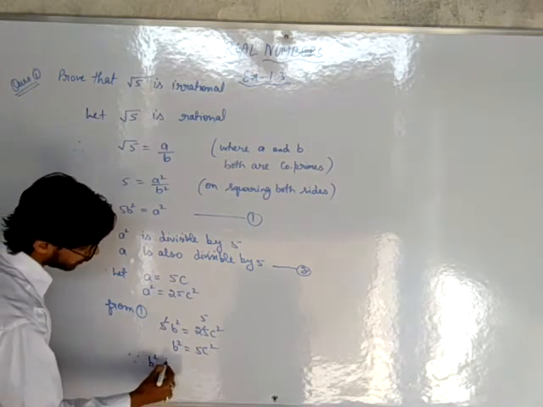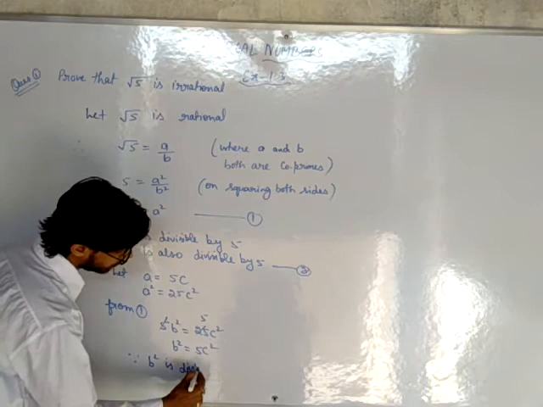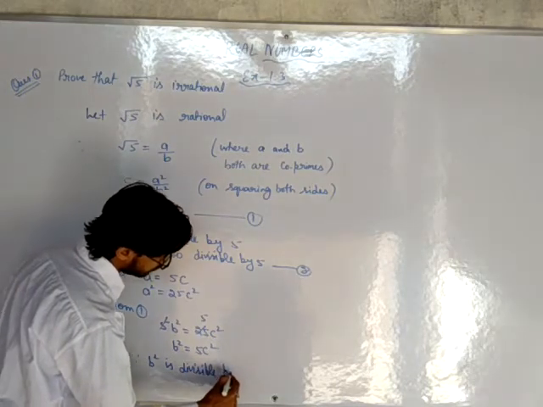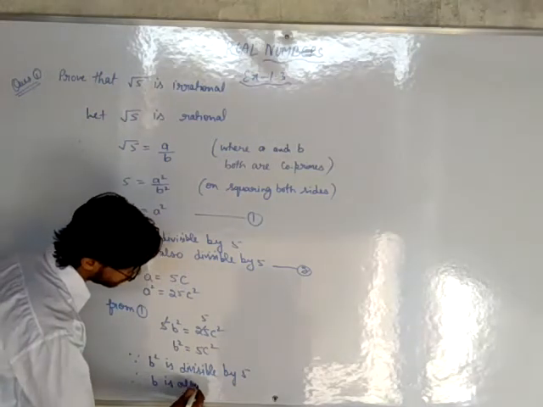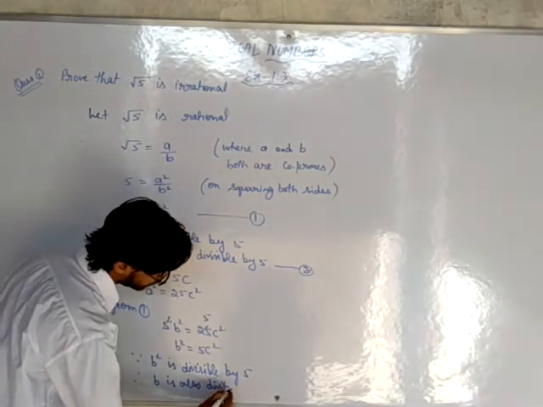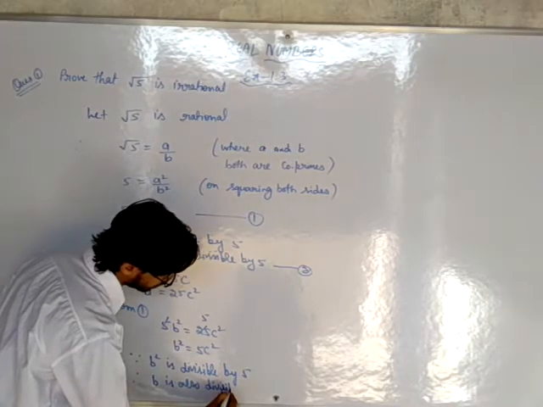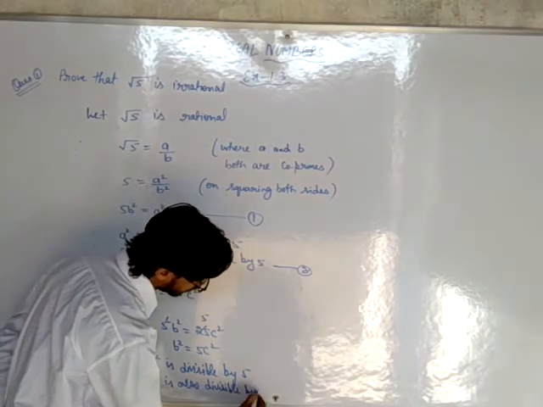Since b square is divisible by 5, therefore b is also divisible by 5.